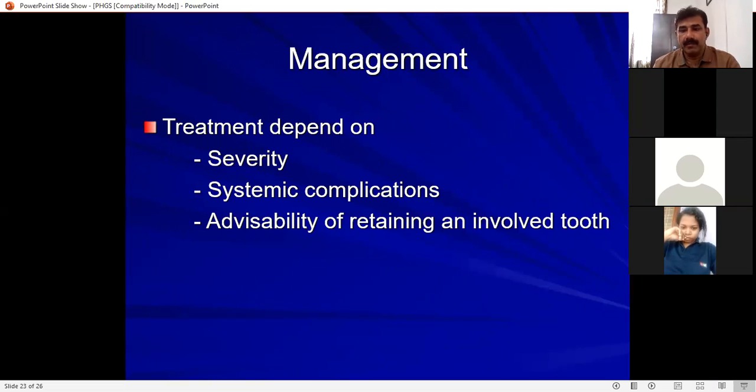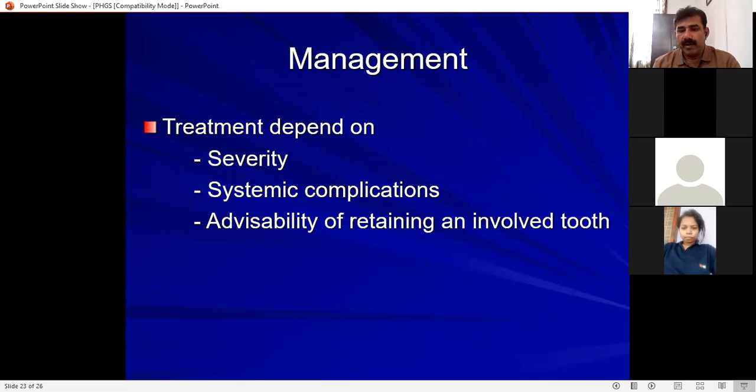Another aspect based on which we manage is, now we are talking about this in relation to an erupting tooth. You have to evaluate and see whether the tooth is going to erupt or not. Understood? If the tooth is going to erupt into the cavity, if there is space, then you manage based on that.